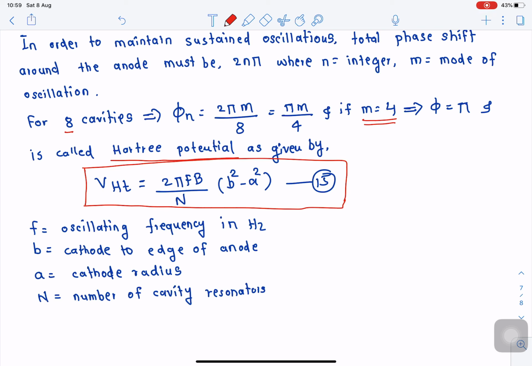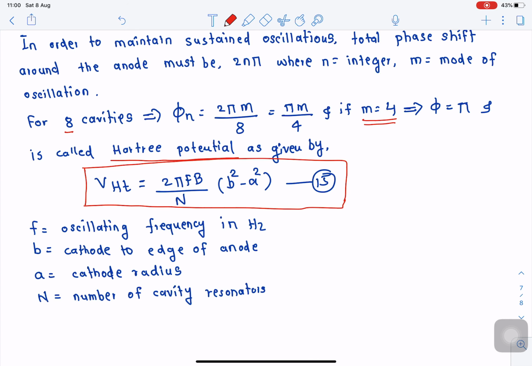In order to generate a specific frequency, the Hartree condition of the magnetron is evaluated. On the right hand side, the constants are capital N, capital B, small b and small a. All these parameters are known.